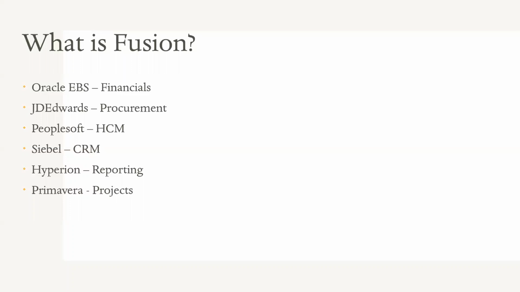Oracle has taken Hyperion only for the space database and the betterment of budgeting. What we are looking at is JD Edwards for procurement, which I'll explain when we see the procurement module. So these are the five products that Oracle has acquired, and it has come up with this.